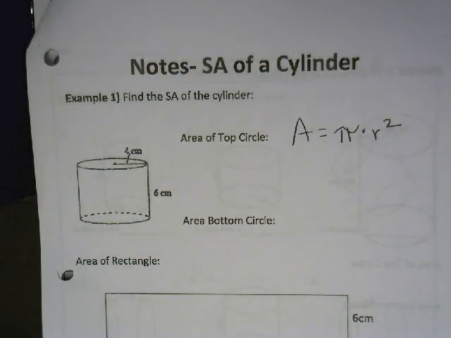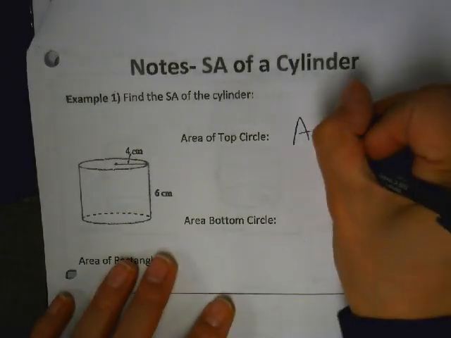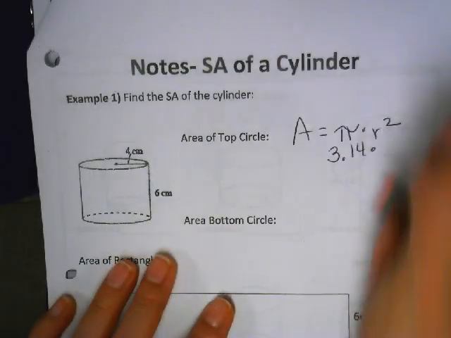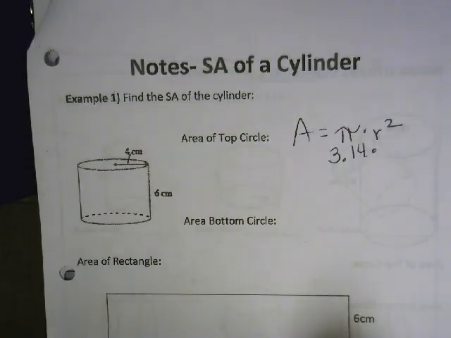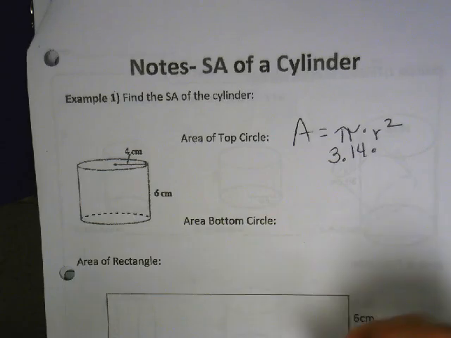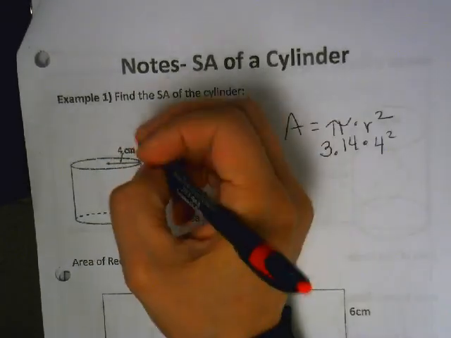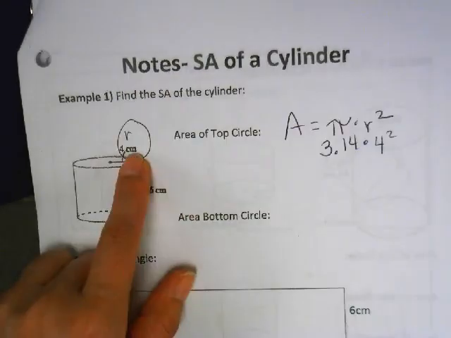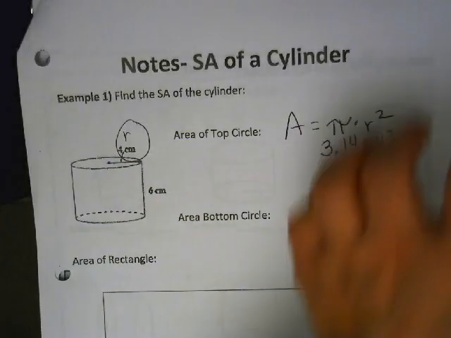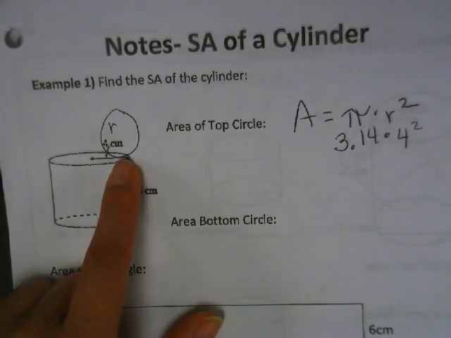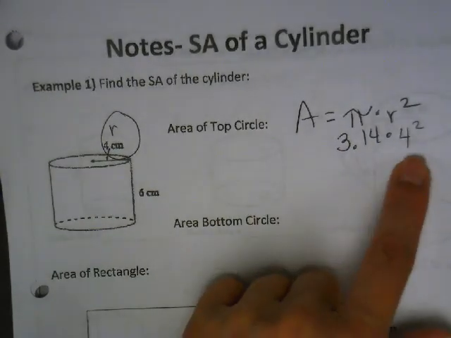What is pi? What's our radius of the circle? 4. Right here. Radius is 4. The radius is 4, so 3.14 times 4 squared.